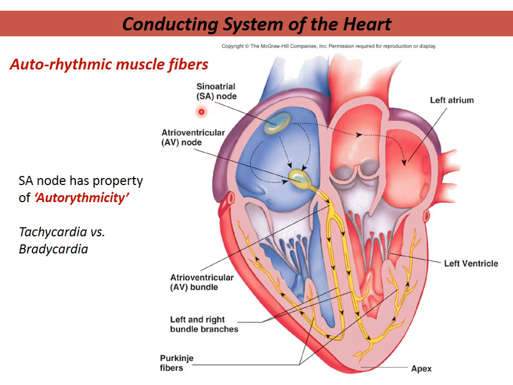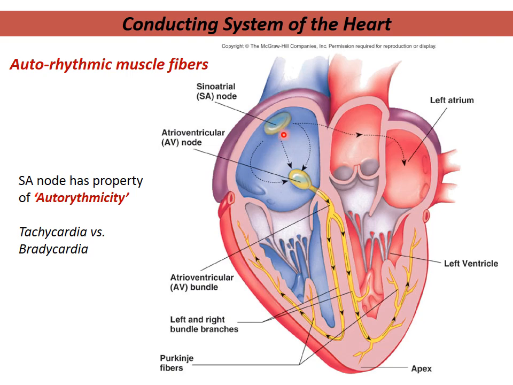The sinoatrial node is located in the right atrium. The SA node is considered to be the pacemaker of the heart, and it's the SA node that will establish the rhythm, or the frequency, of the action potentials that are generated, the electrical signals that will then be transmitted throughout the myocardium.